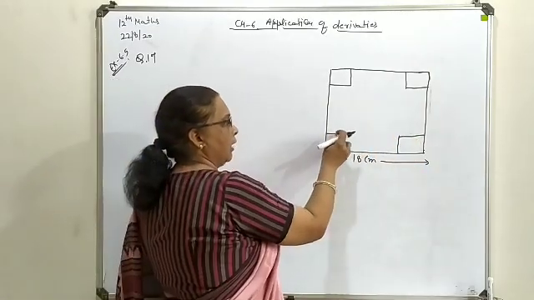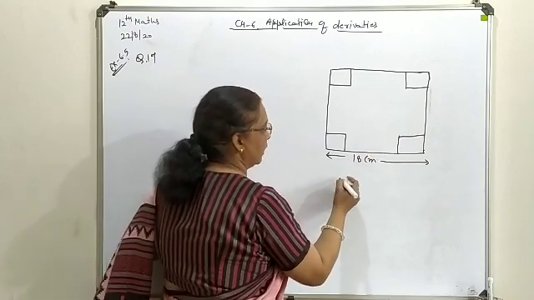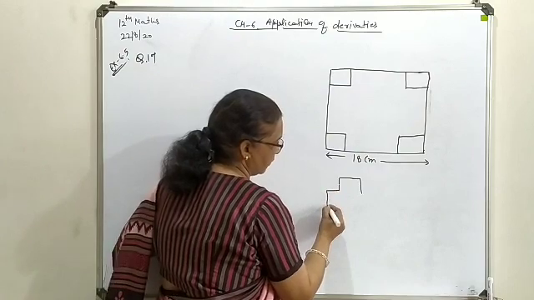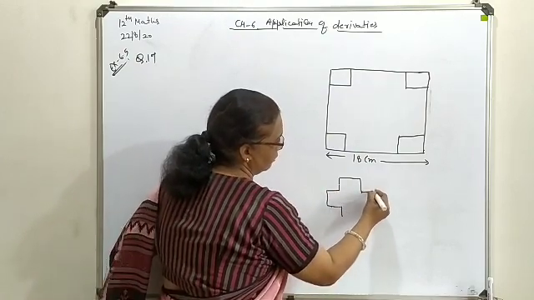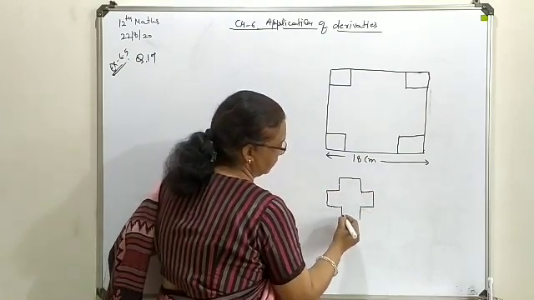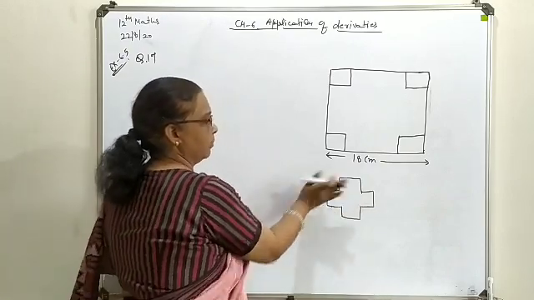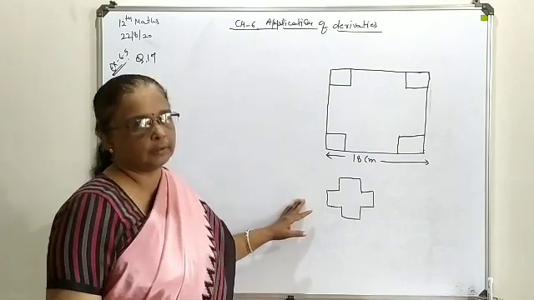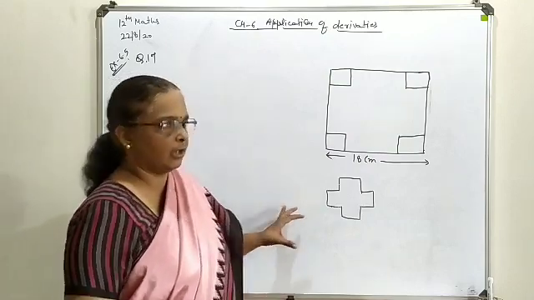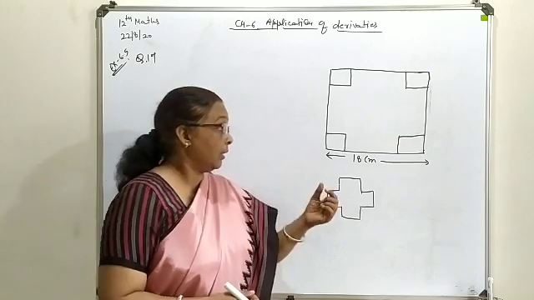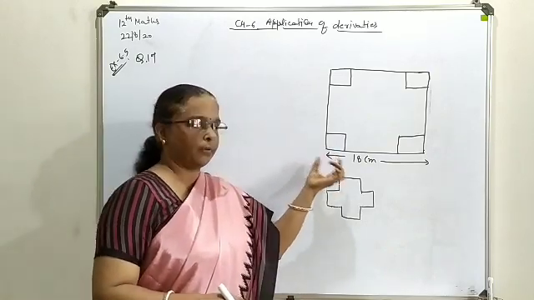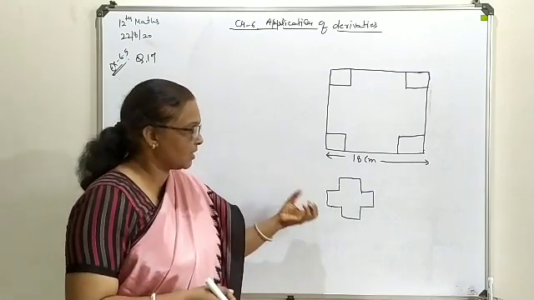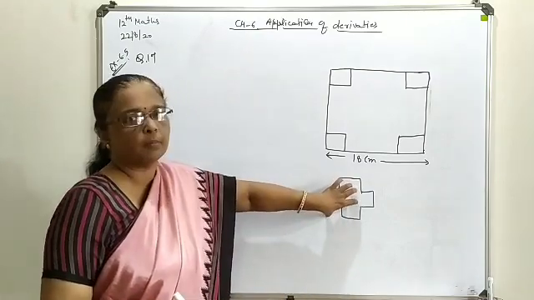If you cut all the squares, you will have a diagram like this. This way you get a shape that can easily be folded upwards to form a box. Now we have to find what the side of the small square should be to form the box of maximum volume.